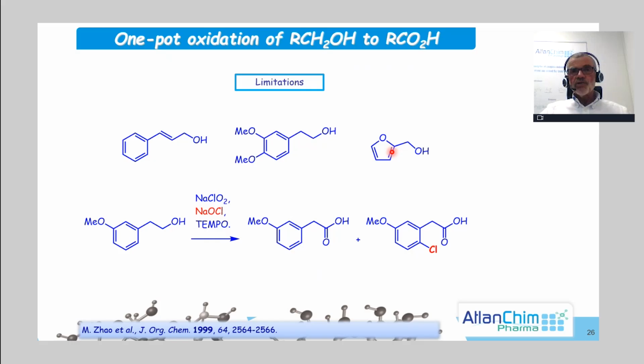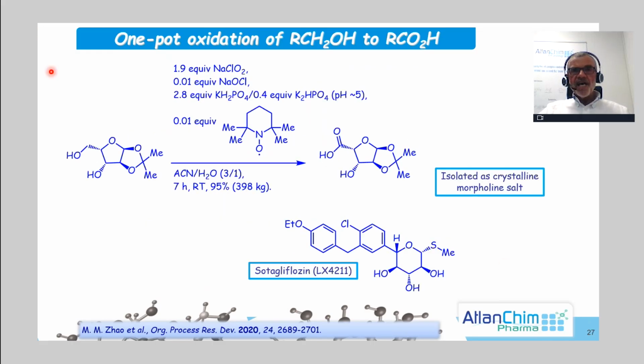One of the major side products in the oxidation of substrates with electron-rich aromatic groups has been identified as chlorinated compounds, as presented in this example. This side product is formed by electrophilic aromatic substitution, and an increase in the quantity of sodium hypochlorite increases the proportion of chlorinated compound.